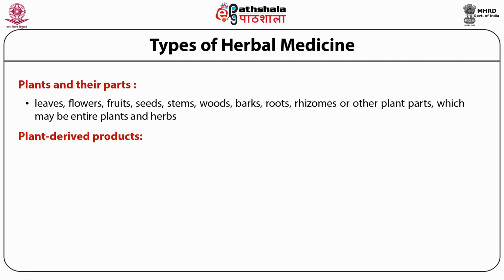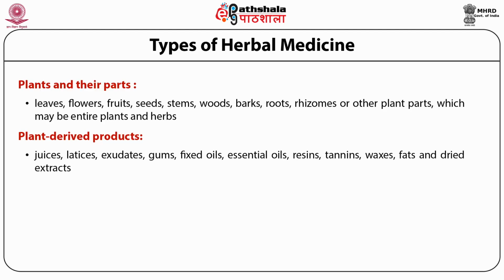What do I mean by that? It is plant juices, latex, exudates, gums, fixed oils, waxes, fats, and dried extracts derived from a plant or plants. They can be used as herbal medicine.